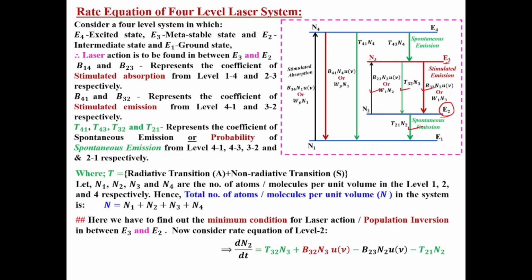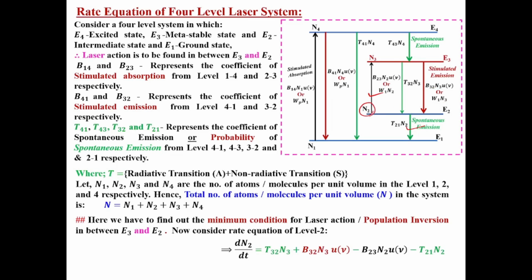And this is another transition that happens from E2 to E1. So here you can see, due to this transition, this transition and this transition, the concentration of N2 is going to decrease. So for the rate equation of energy level 2, if I am going to write, these two terms, this one and this one, will be negative, because due to these two transitions N2 decreases.